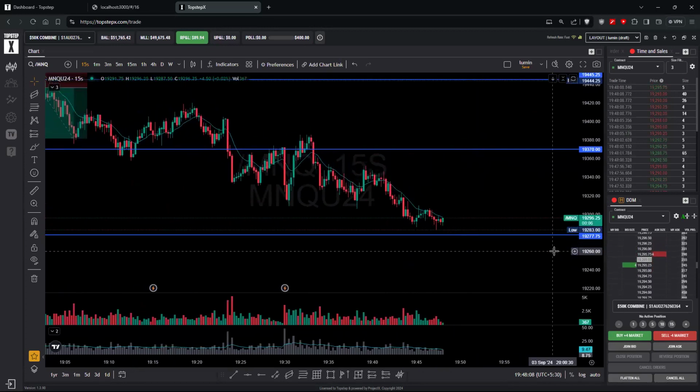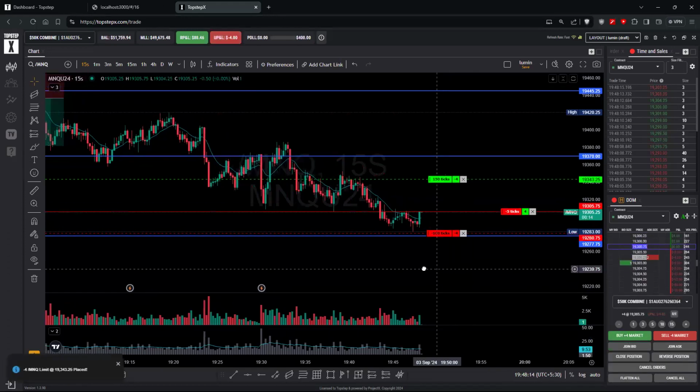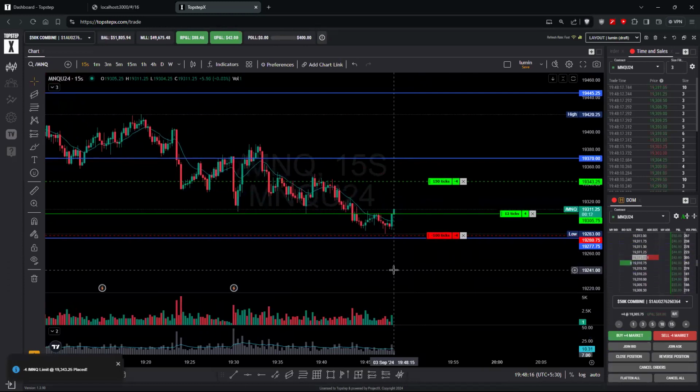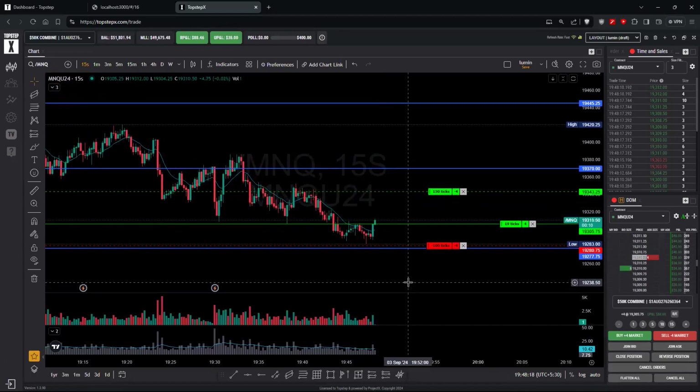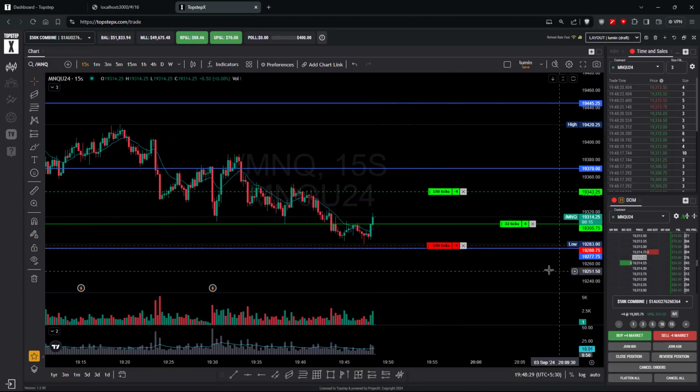This is another hourly level. So let's try to join this. The target is pretty good. The SL is at the right place. So let's see.